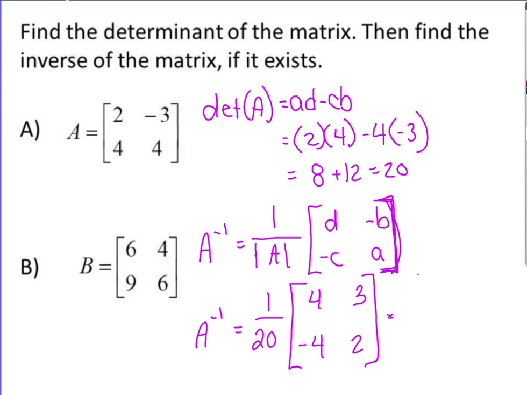When we distribute, 4 times 1/20th is 4 over 20, or you can reduce that to 1/5. We're going to have 3 over 20, negative 4 over 20, and 2 over 20.